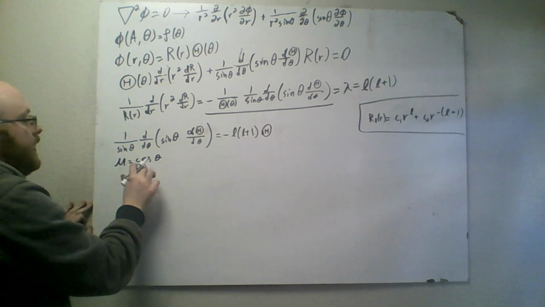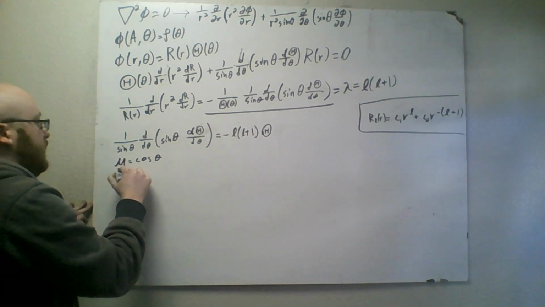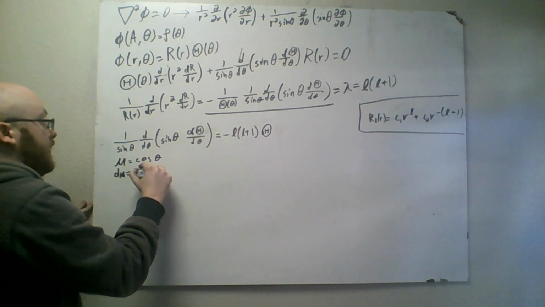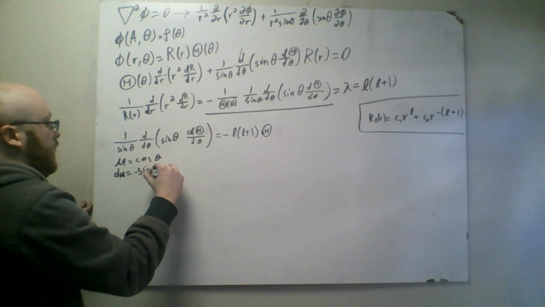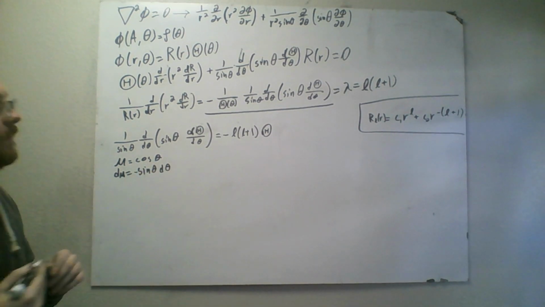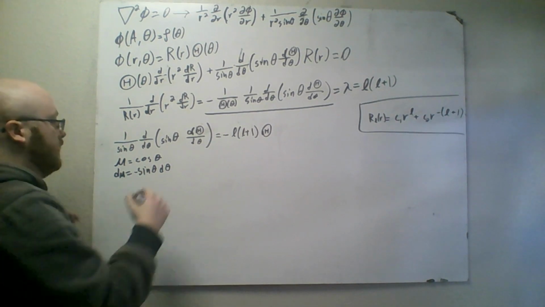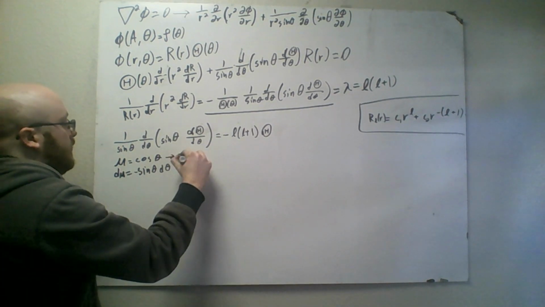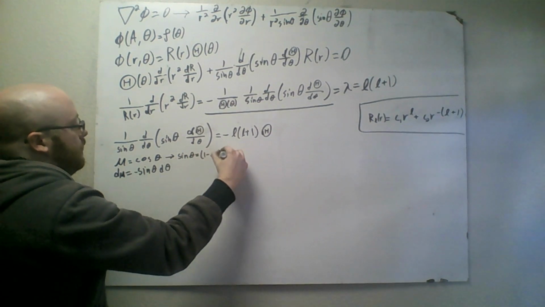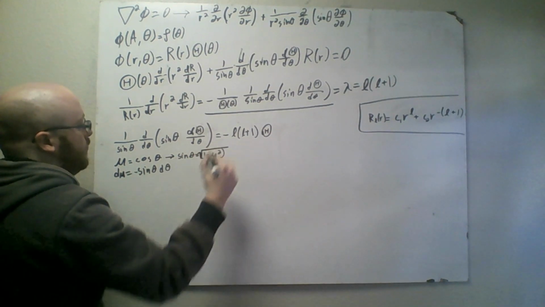This would mean that d mu equals negative sine theta d theta, right? This would also mean that sine theta equals 1 minus mu squared, take the square root of that.